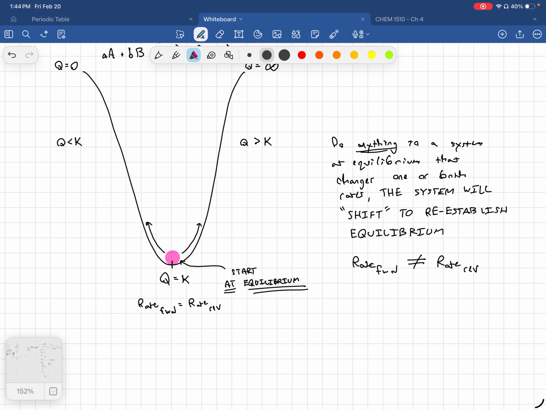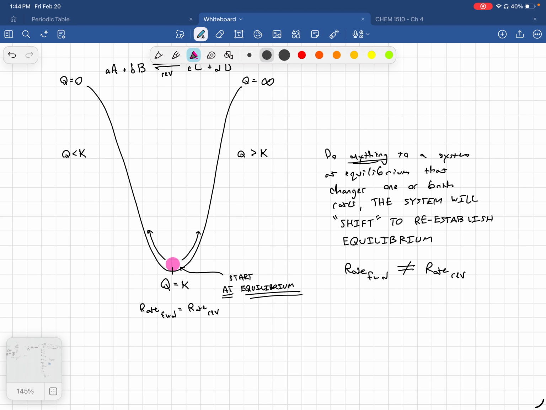And so this is why I like this kind of ball analogy here, right? We have the ball at the bottom of our valley, and it's just going to sit there if we don't do anything.